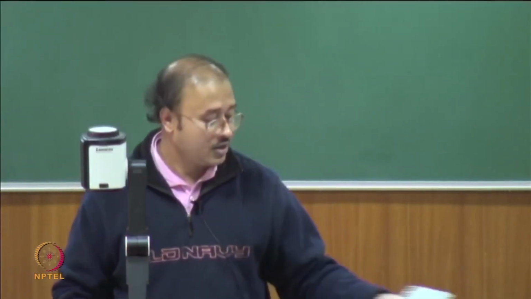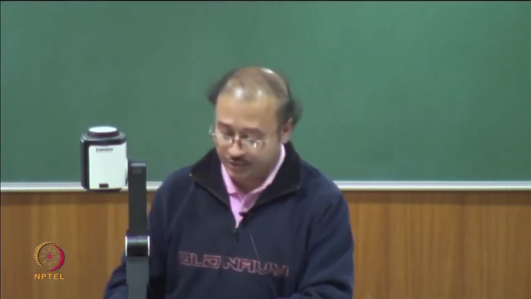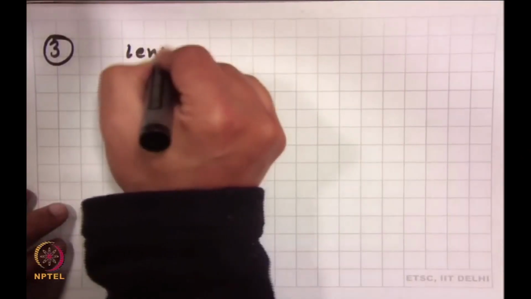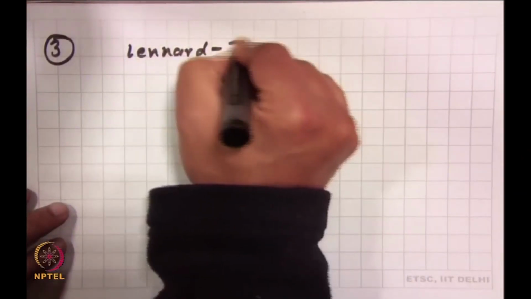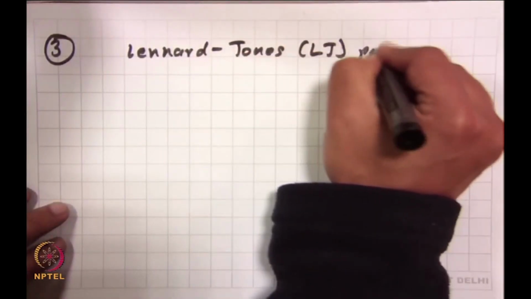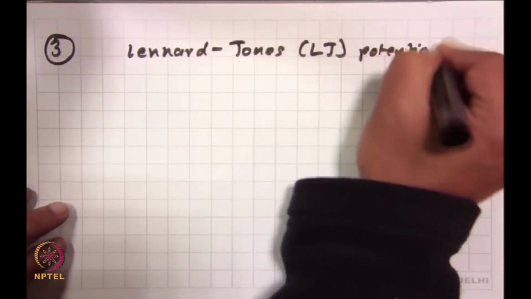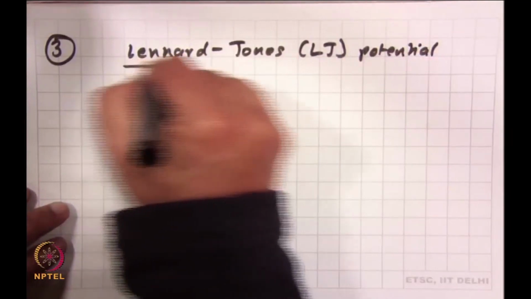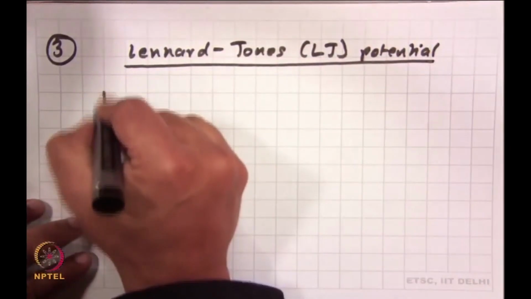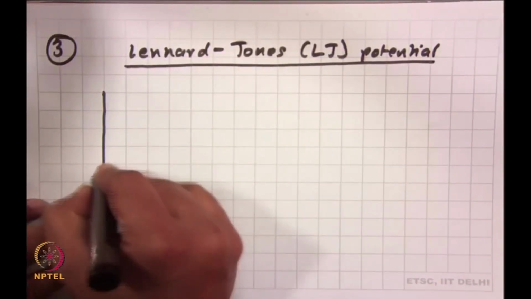So that is why the one people use and the most common one is, can someone say what it is? It is referred to as the Lennard-Jones LJ potential. And how does it go? This you guys have seen many times.